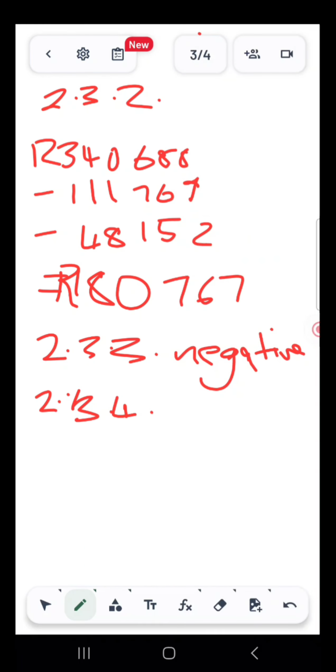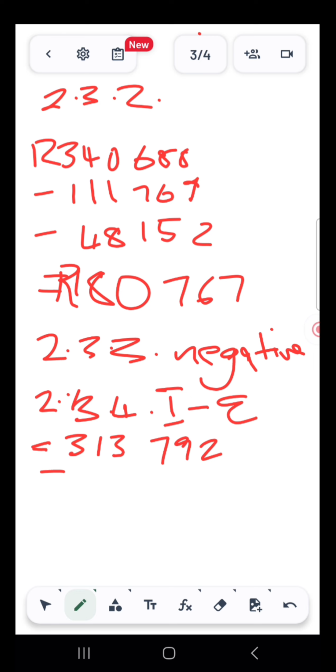So it's income minus expenditure, which will be 330,792 minus 322,891, right?